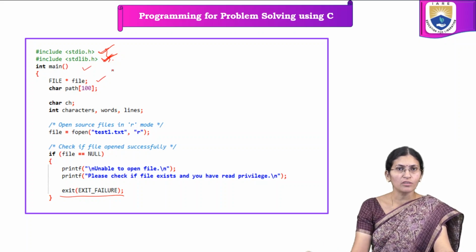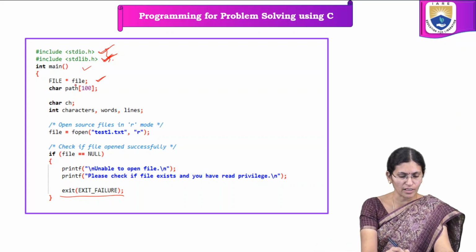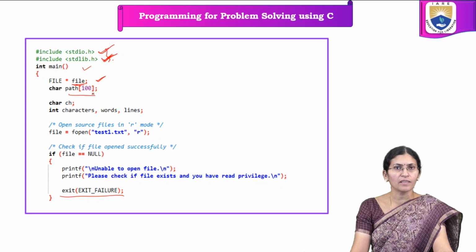In order to perform read or write operation on the file, first we need to declare a file pointer. This is the name of the file pointer, and then one character variable we have taken.